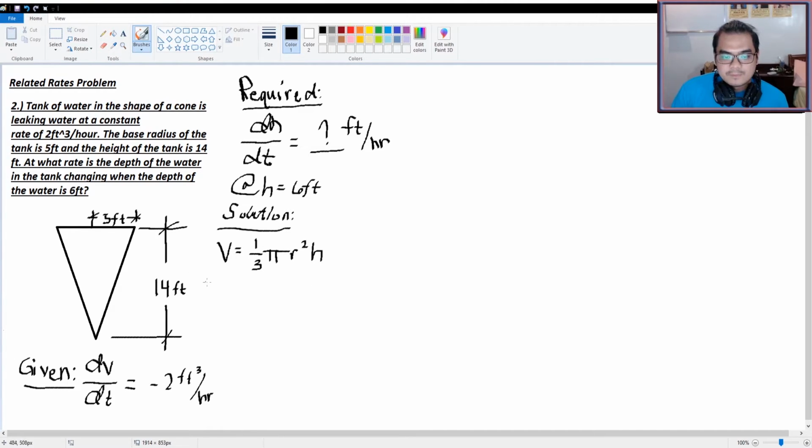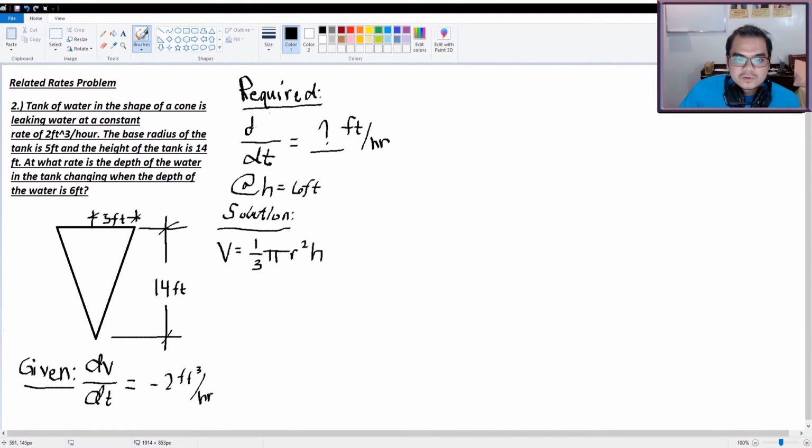But if we perform here the first derivative, of course the derivative of V will be dV over dt. But for the right side, we still have two variables. We have r and h. Therefore, we must make this only one variable. But the question is, which variable? Is it in terms of r or in terms of h? As you can see, we are looking for dh over dt.